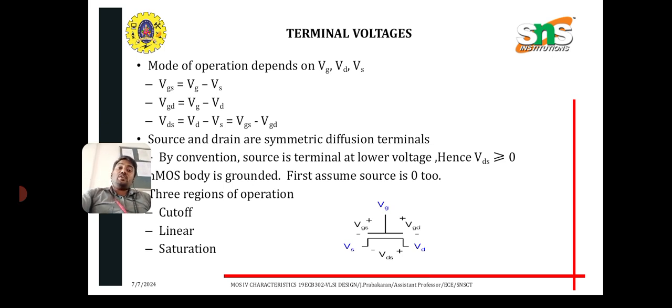VDS is nothing but VD minus VS. Source and drain are symmetric diffusion terminals. And already we discussed the different types of transistor region, that is cutoff region, linear region, and saturation region.